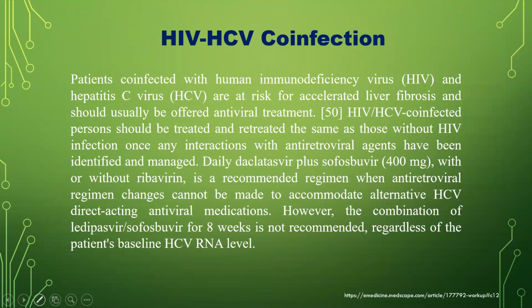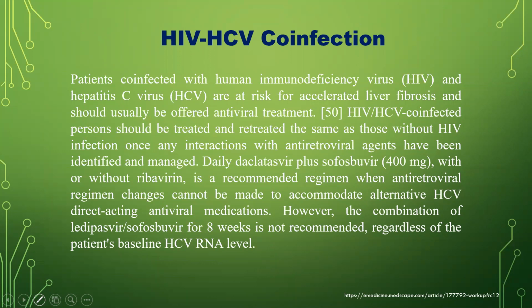Patients infected with human immunodeficiency virus and hepatitis C are at risk for accelerated liver fibrosis and should be offered antiviral treatment. Coinfected persons should be treated the same as those without AIDS, once any interactions with antiretroviral agents have been identified and managed.